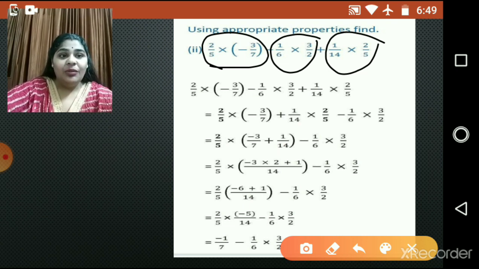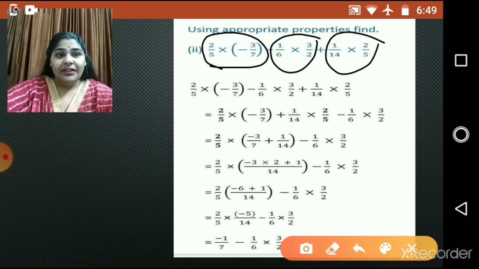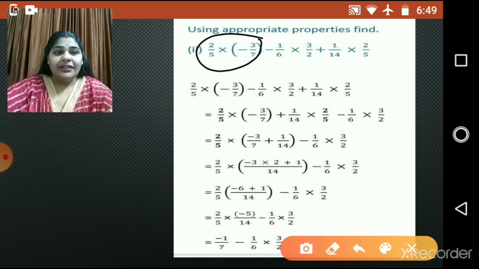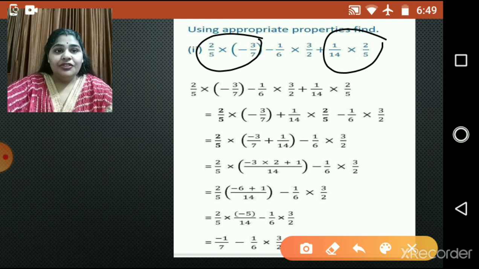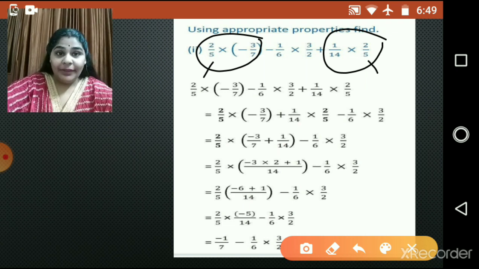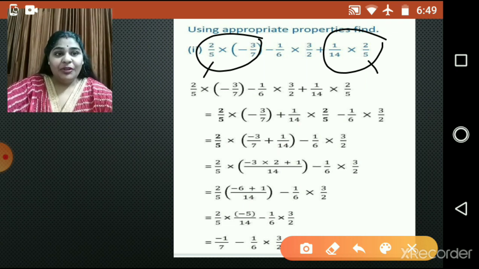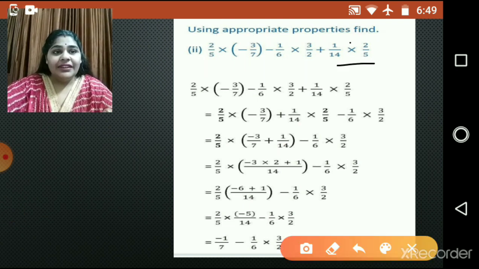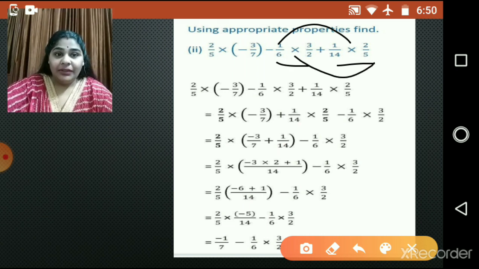So here now what I'm going to do is, if you see in this term and in this one, 2 upon 5 is common, right? So I'm going to rearrange this. I will take this here, to this place, and this will go to the last one, right?